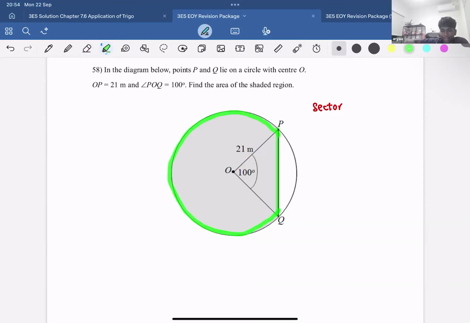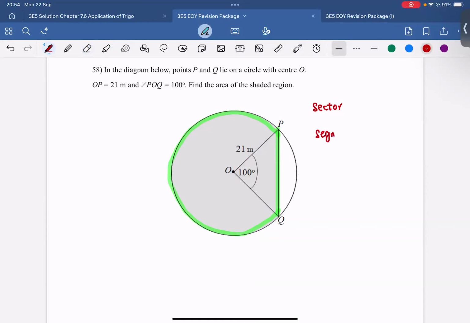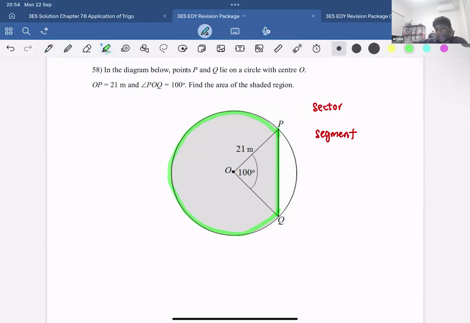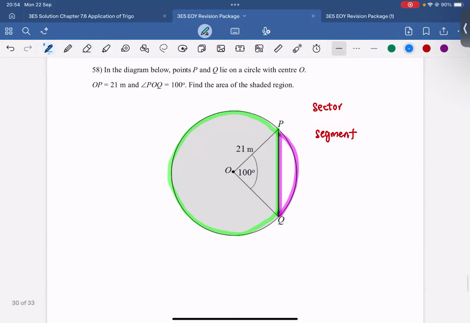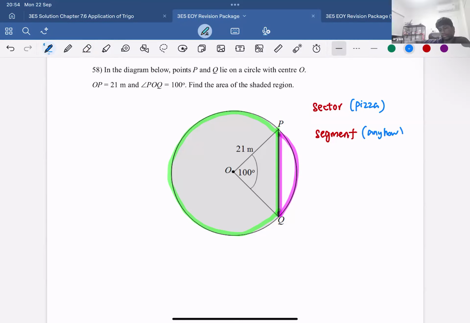This is called a segment. The green one is the major segment. The pink one is the minor segment. So sector, you can remember it like sectors are like pizza, must cut nicely. Segment is anyhow cut.